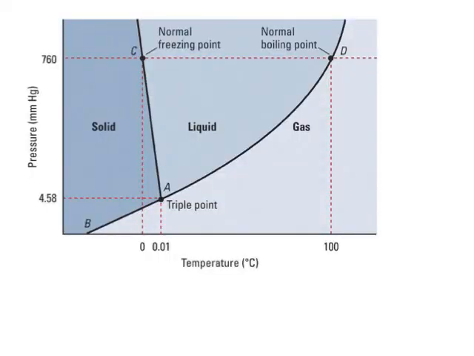So notice the difference here, and the main difference is this line is now negatively sloped. So the big thing to know here is the difference between the phase diagram of most substances and the phase diagram of water. Everything else is the same, except this line needs to go back to the right.